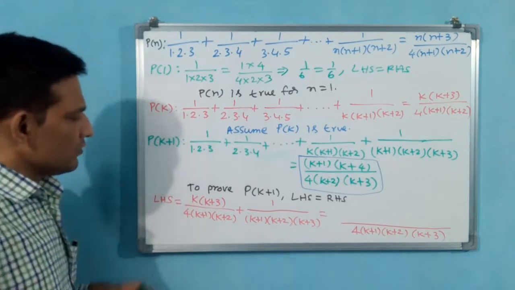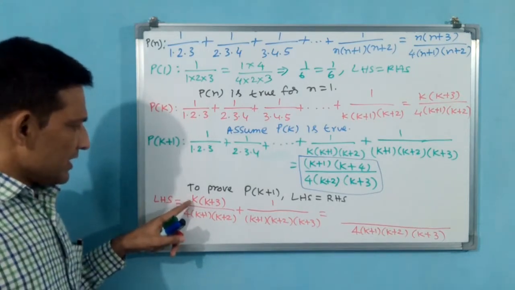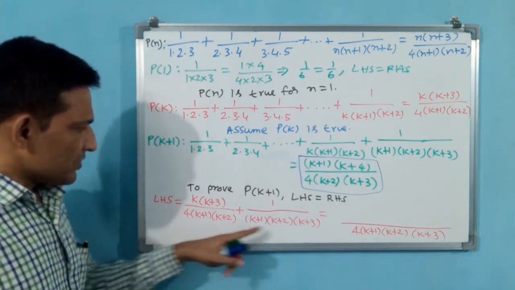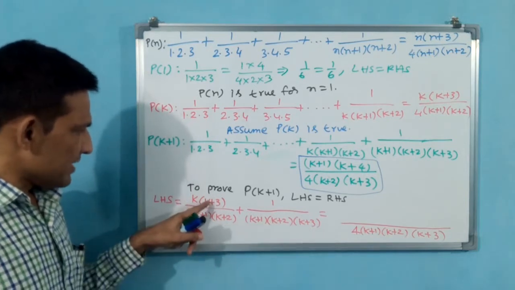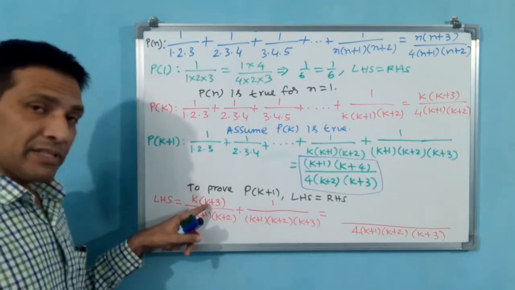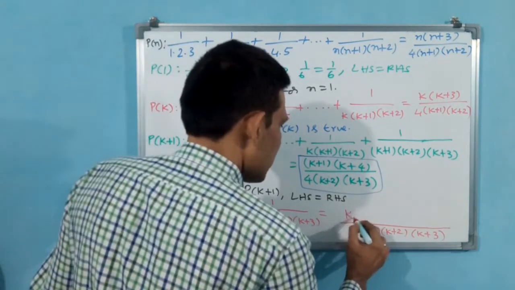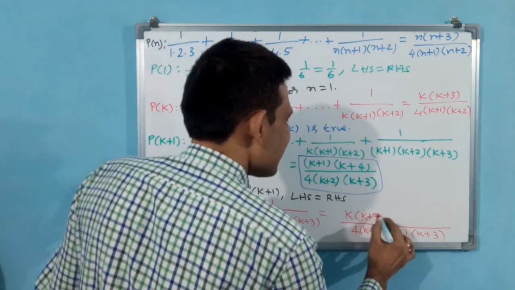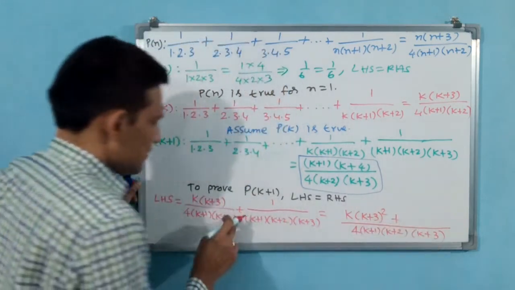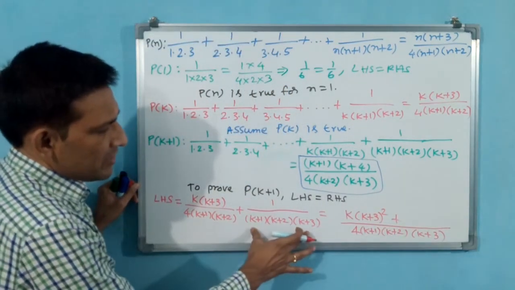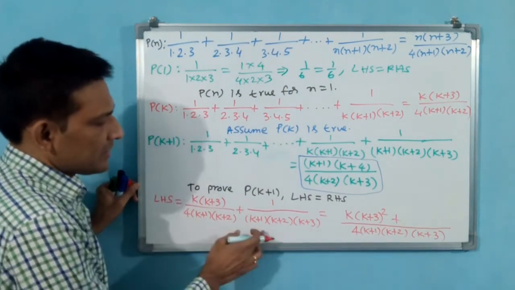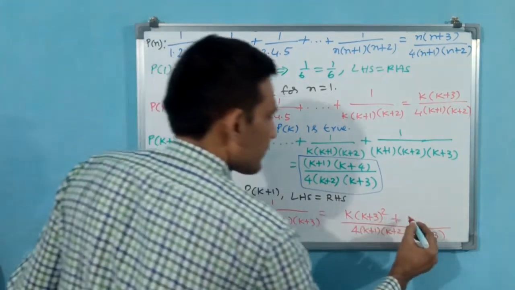Okay. Now you see here k plus 3 is not there. Then multiply k plus 3. If you multiply, already k plus 3 is there, so k plus 3 square. K into k plus 3 square, plus. Why? Because plus is there. See here all 3 are there but 4 is not there. That is why multiply with 4.